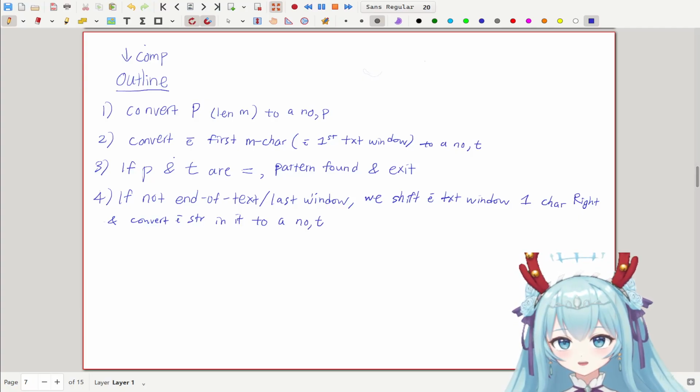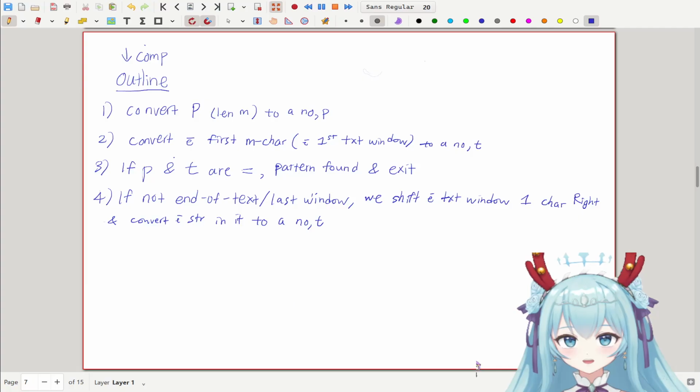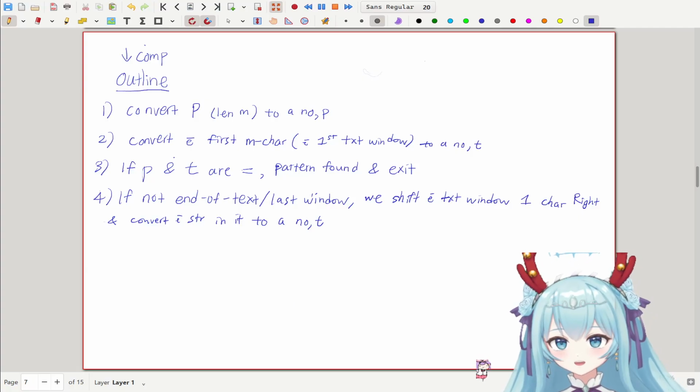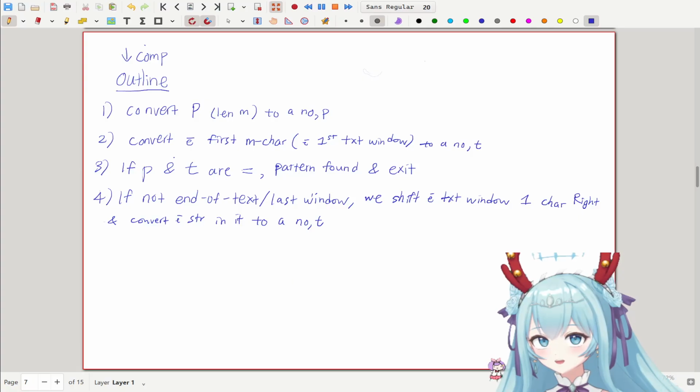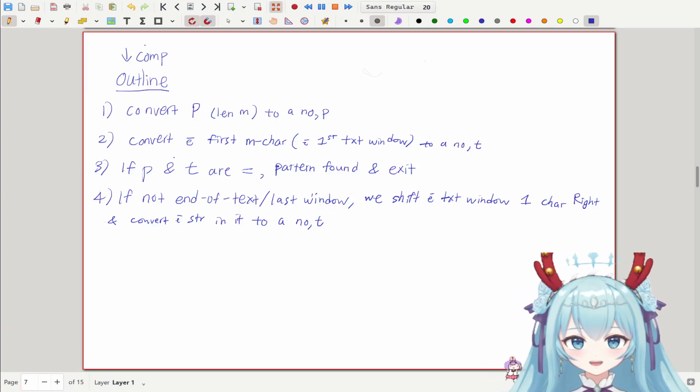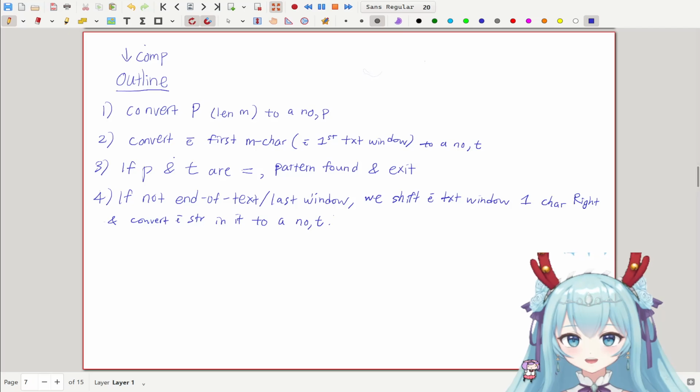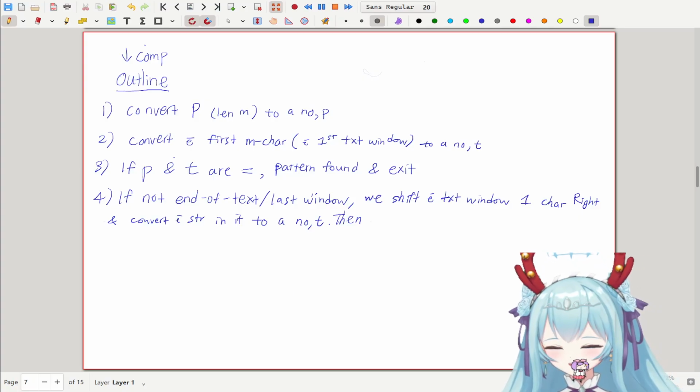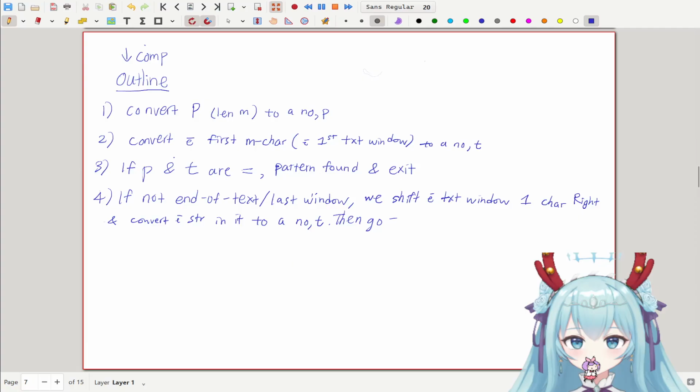So this is the same t as in step 2. And then we go to step 3.